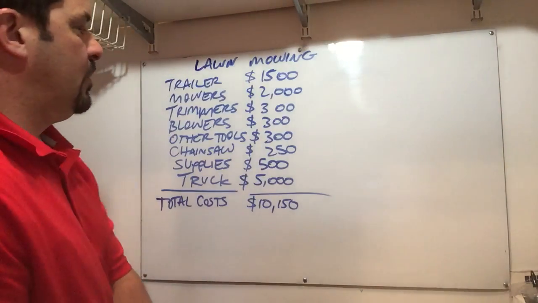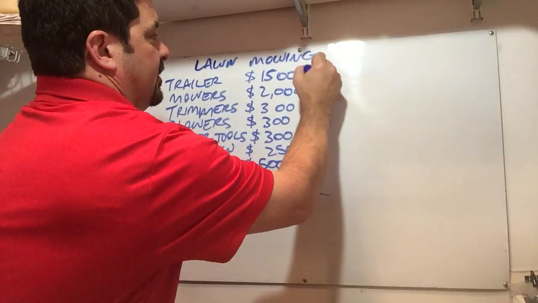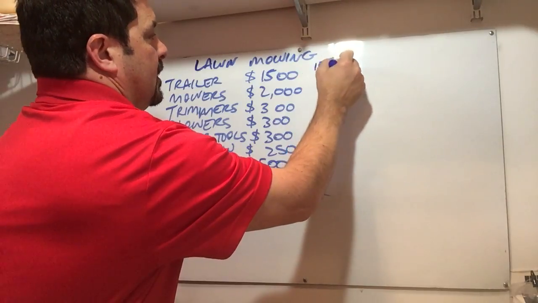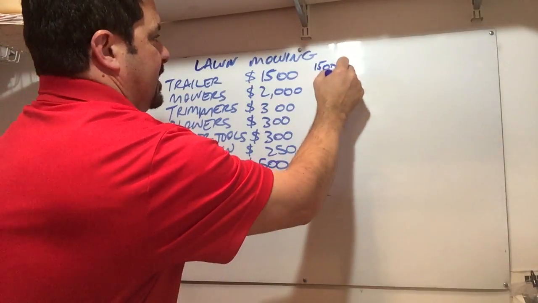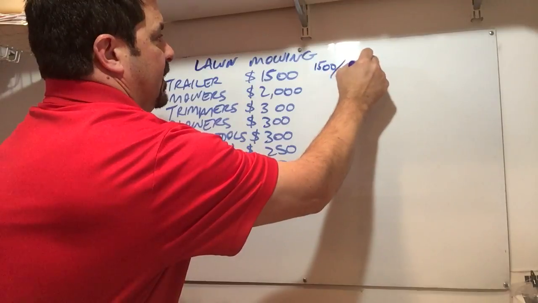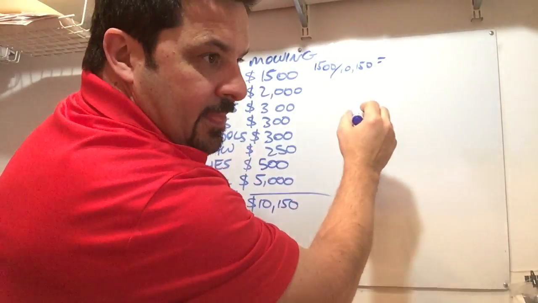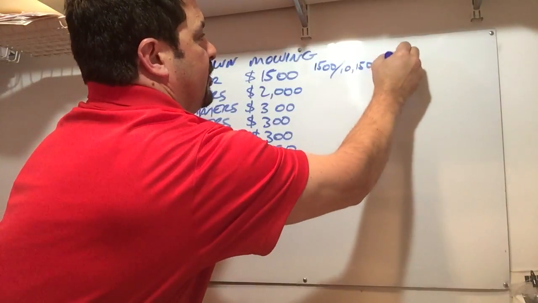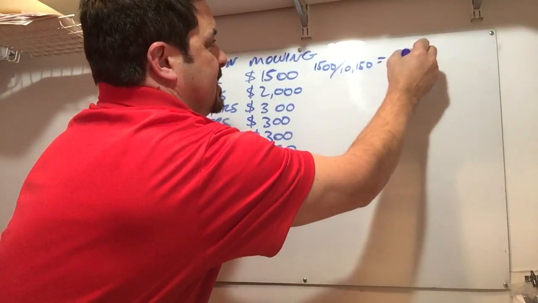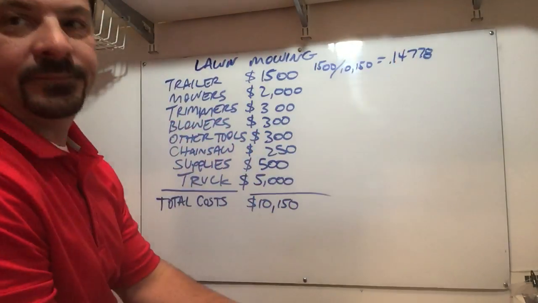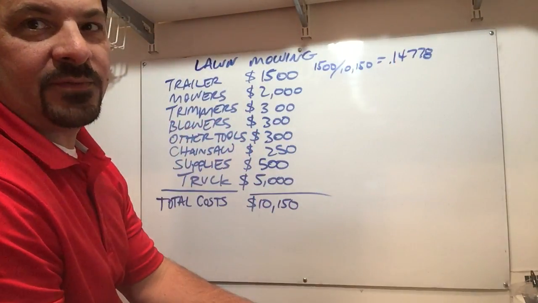Okay, so we would divide. So we'd say 1,500, and we would divide that by 10,150. We get 0.14778. We're going to round that to 15%.